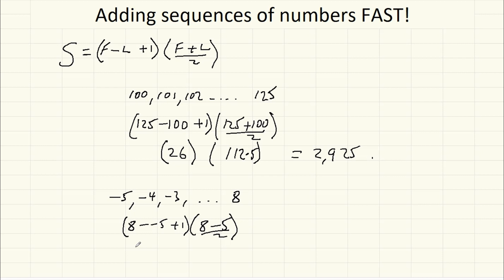This equals 14, multiplied by 3 over 2, 1.5. 1.5 14s is 21. And that's the answer. And that does actually make sense, because if you think that all the way from -5 up to 5 cancels out, and we're just left with 6, 7 and 8, and 6, 7 and 8 do actually add to 21.